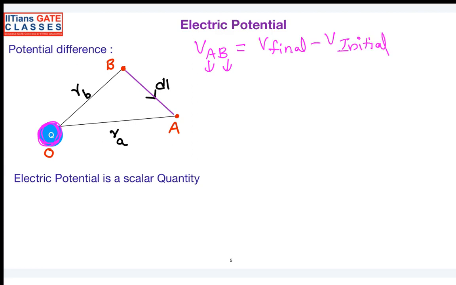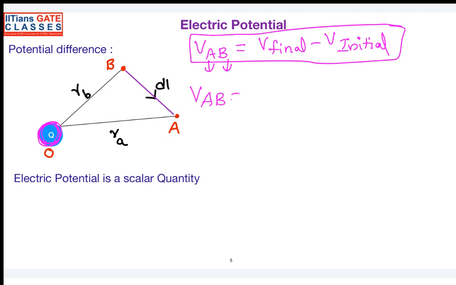This is a point which you need to be clear. Suppose when you say VB minus VA, that time B is your final point and A is your initial point. But as per the definition, VAB is nothing but VA minus VB, assuming B is the initial point and A is the final point.